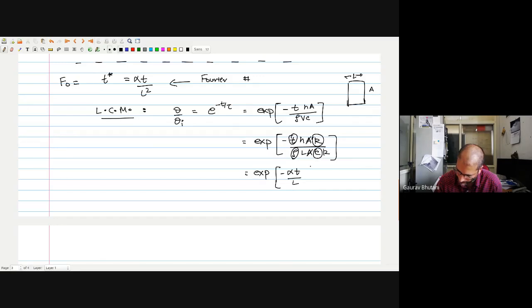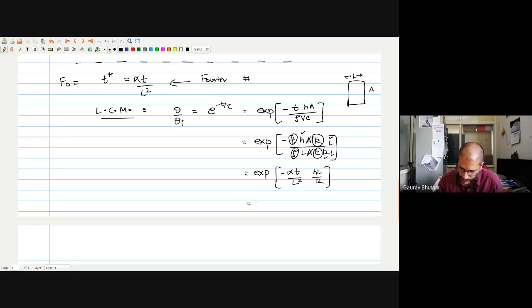and then I can multiply the numerator and denominator by L, so I get an L square, and then the remaining part is this h, so we have an hL by k. Okay, so this hL by k becomes the Biot number. So this is what we have.